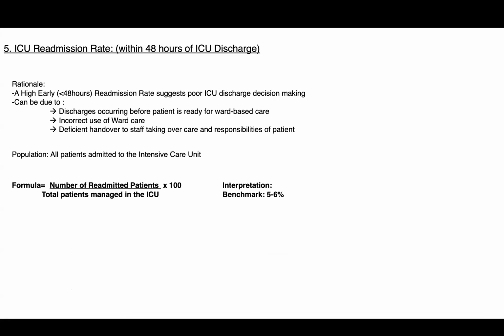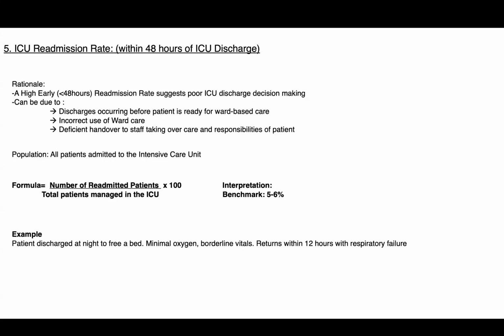So it can be due to discharges occurring before the patient is ready for ward-based care, incorrect use of ward care, or deficient handover to staff taking over care and responsibilities of the patient. So the population includes all patients admitted to the intensive care unit, and the formula goes by the number of readmitted patients divided by the total number of patients managed in the ICU. So the interpretation benchmark is 5 to 6%.